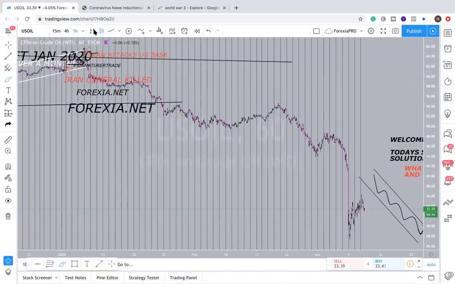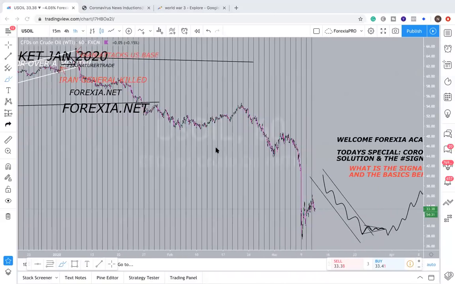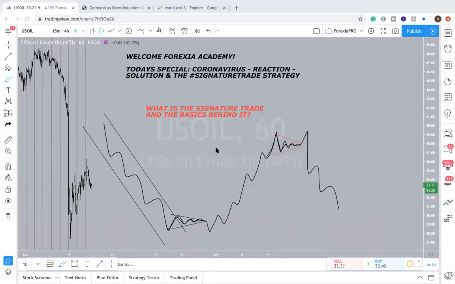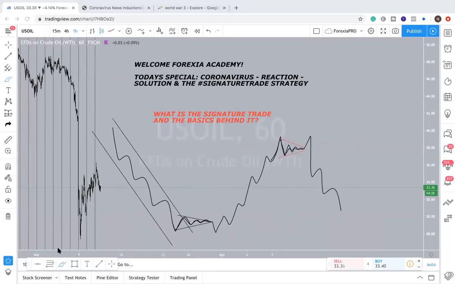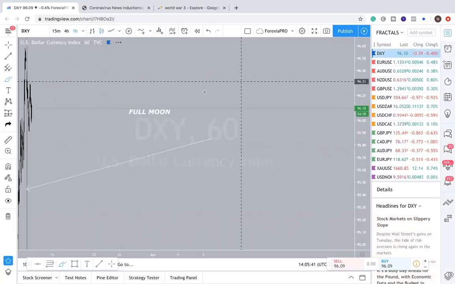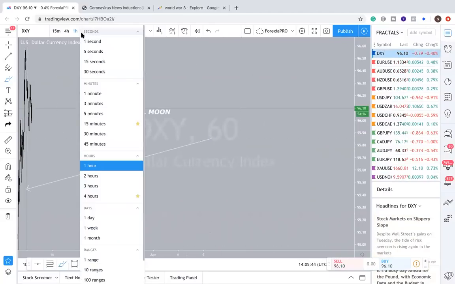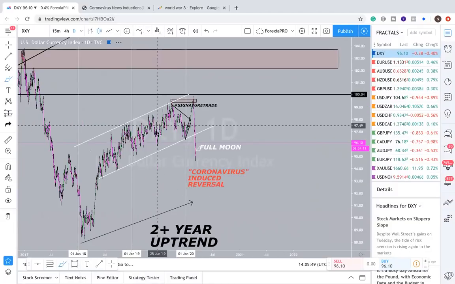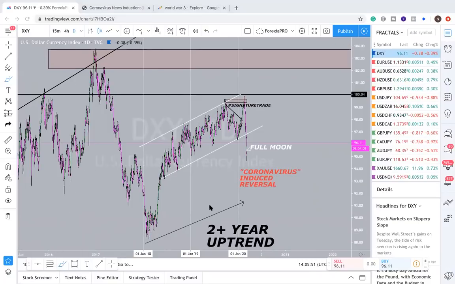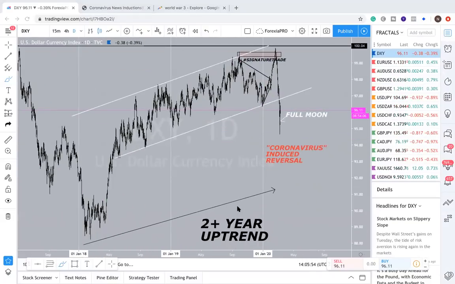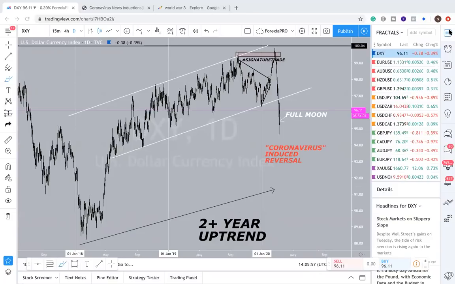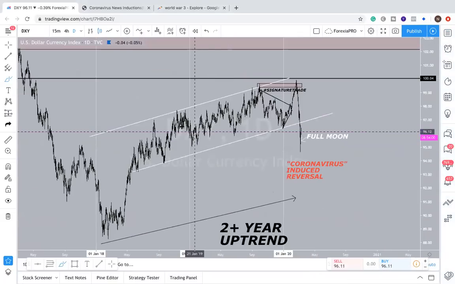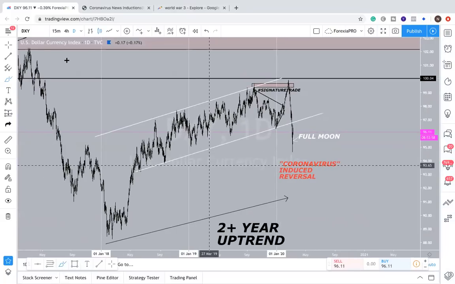Now, let's get to the juicy stuff. Let's get to today's special, the coronavirus, what everyone's talking about. The dollar index we're looking at right now, USD, DXY, dollar index, on the daily time frame.